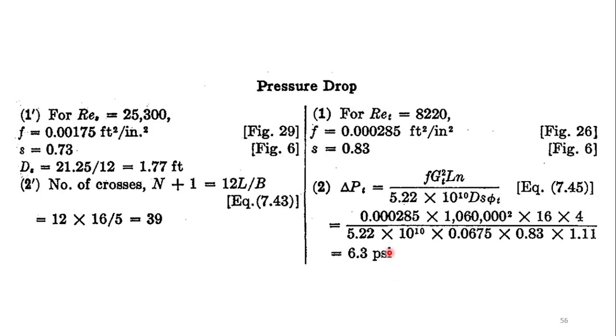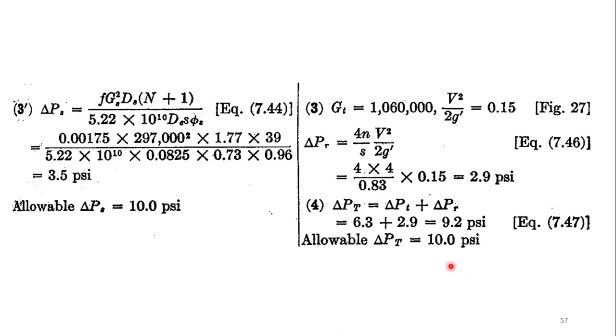Then you have to perform the calculations for the pressure drop for the shell side as well as for the tube side. After putting the values in the formulas, you will get the pressure drop in the shell side equal to 3.5 psi, as well as the total pressure drop in the tube side.